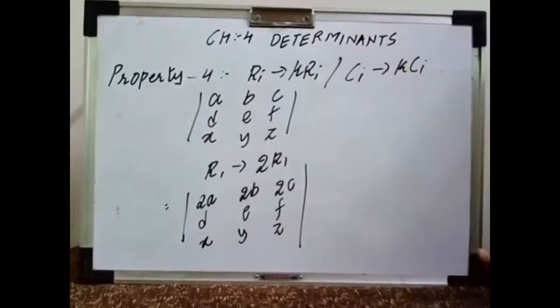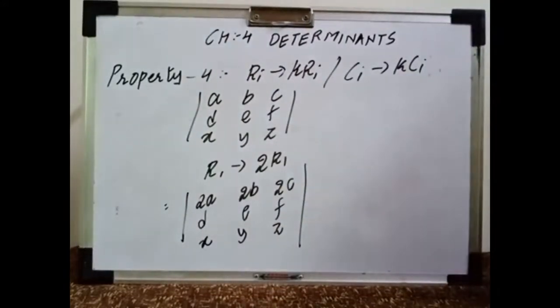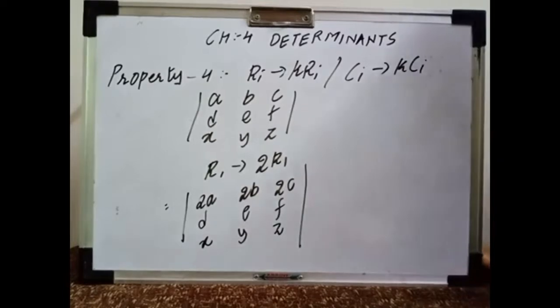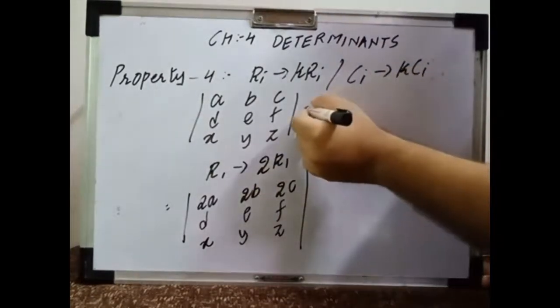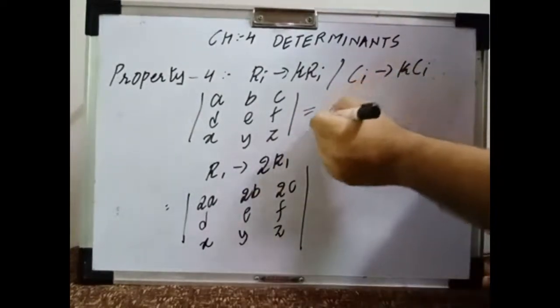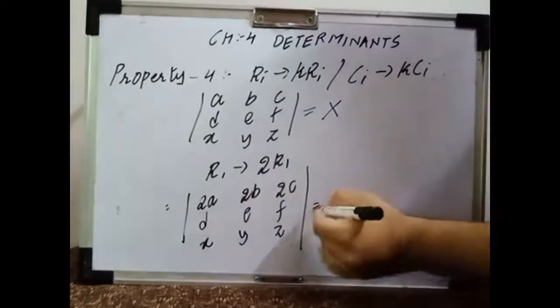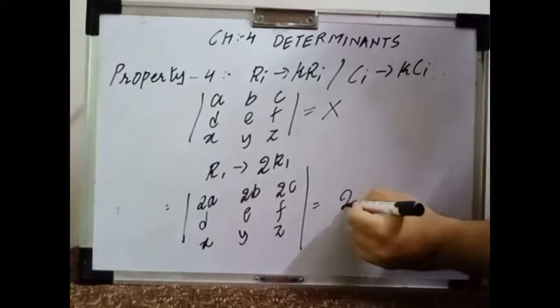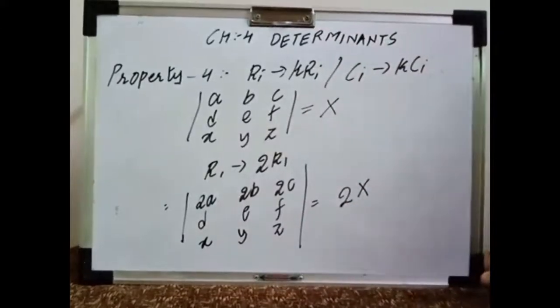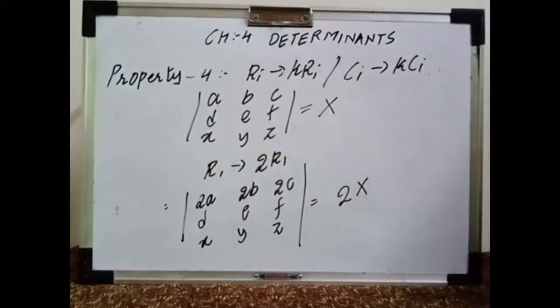So this is your new determinant obtained. Let's talk about the change in the value of the determinant. Before applying this property, if the value of this determinant was x, then after multiplying by 2, the value of this determinant will become 2x, which is not required.